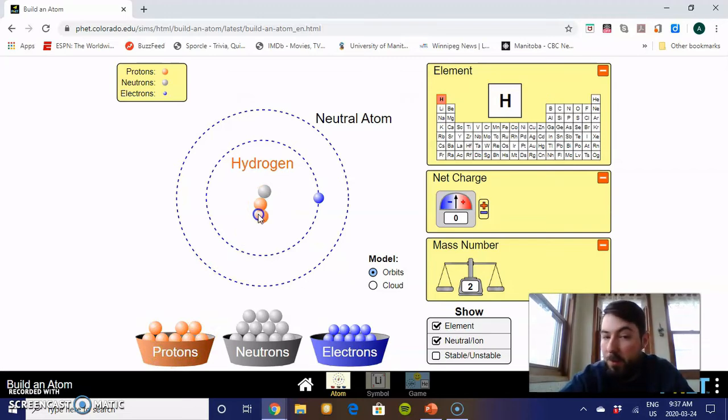If I add another proton, now I have something called helium. My net charge is +1 again because I have 2 positives and 1 negative, so 2 minus 1 gives us +1. Our mass number is 3 because we have 1, 2, 3 things in the middle.